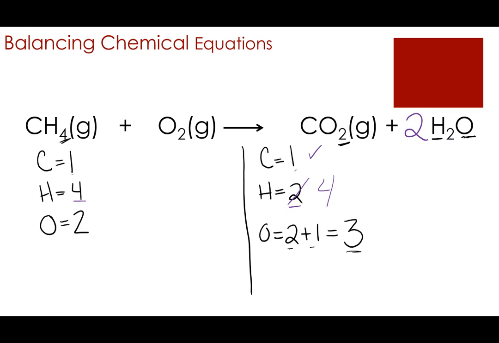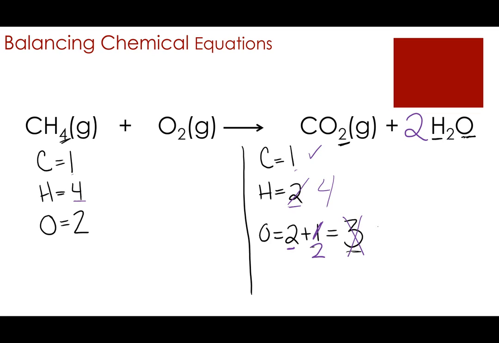Okay, so I still have 2 atoms of oxygen from carbon dioxide, but now I also have 2 atoms of oxygen from water. So again, coefficient times subscript, so 2 times 1 gives me 2. So that's going to change my total.